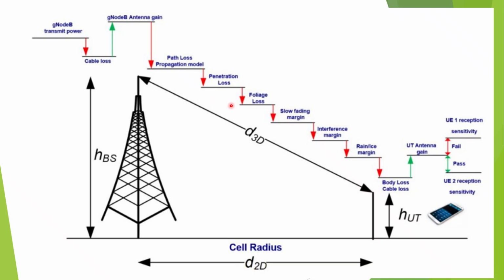Then the penetration losses, foliage loss, slow fading margin, all these red marks represent downgrading, that means a subtracting component, the rain ice margin, and then body loss or cable loss of the user terminal. Everything is a subtractive component.